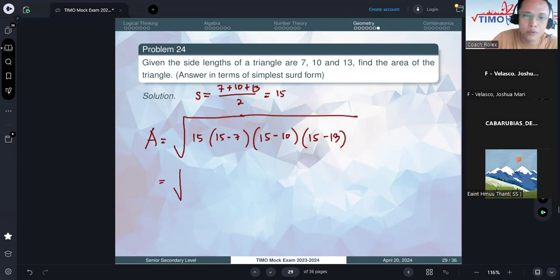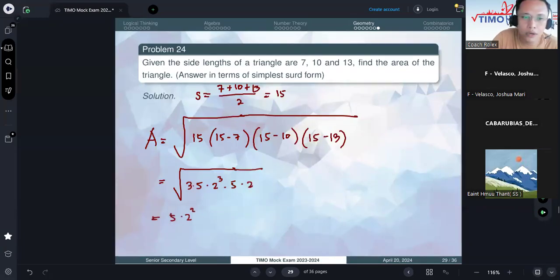So you will have square root of 15 times 8. 8 is 2 cubed. Okay, we write 15 as 3 times 5. So 3 times 5. Tapos ang 8 is 2 cubed. Tapos ang 15 minus 10, that is 5. Tapos this is 2. So we can factor out 5 and 2 squared.